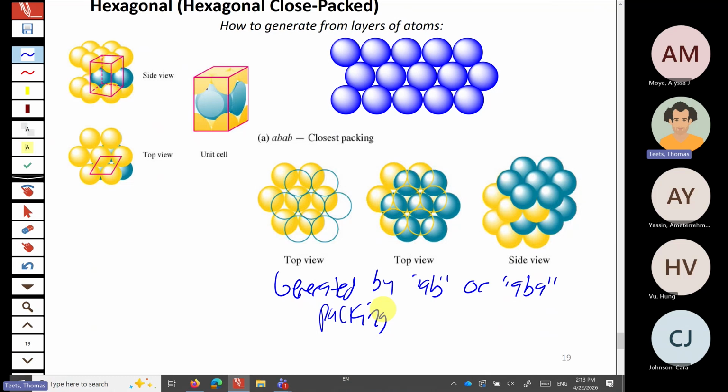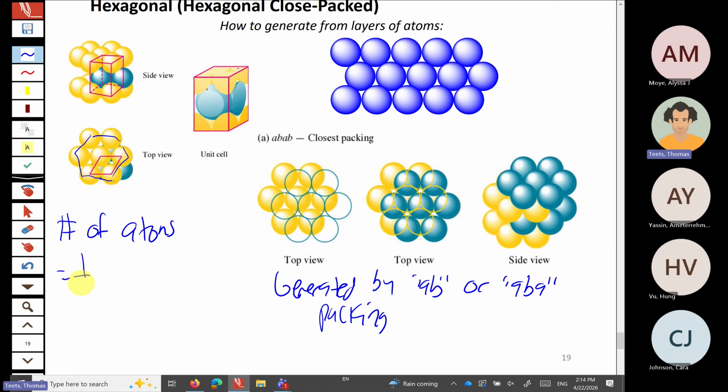Now, the number of atoms in this unit cell is a little bit more difficult to come up with, I suppose. So we're not going to probably talk about this as much, but the number of atoms for hexagonal. So what you end up having in a hexagonal cell is, if you look at this face of the cell here, which is hexagonal, these atoms here are going to be shared by 6 unit cells, and there's 1 layer on the top, 1 layer at the bottom of the hexagonal.